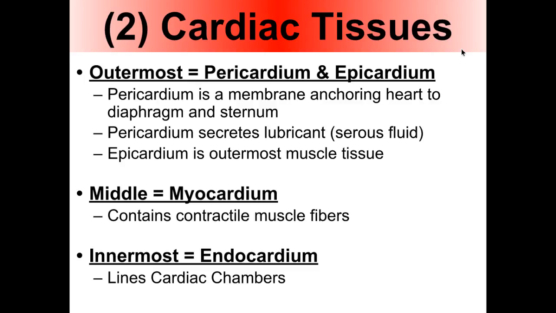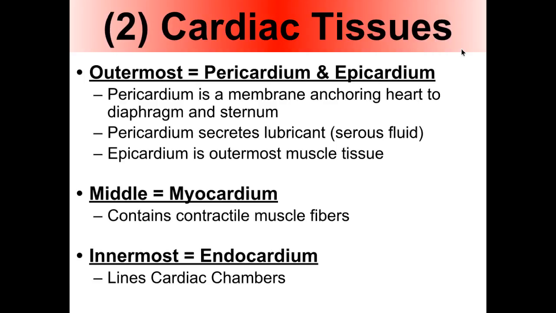So remember that there are 3 layers of cardiac tissue in the heart. The outermost layer is the pericardium. Peri means around, and cardi means heart, and the suffix means pertaining to.